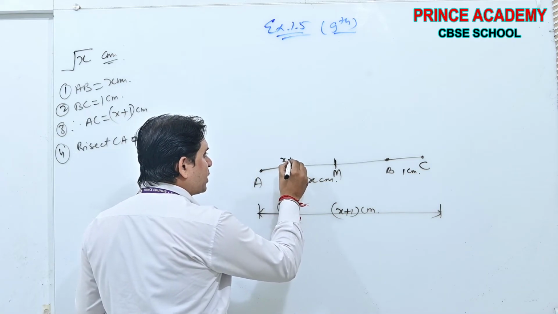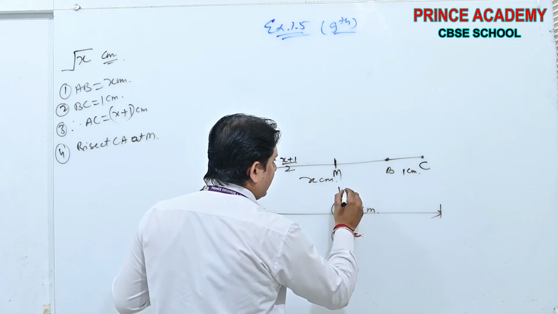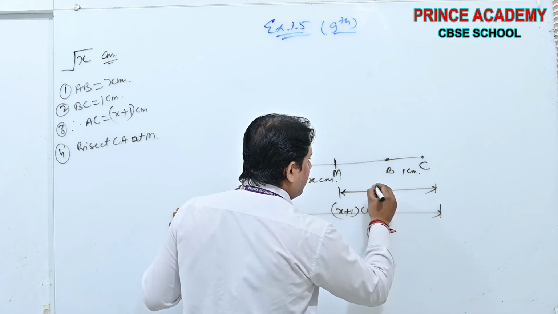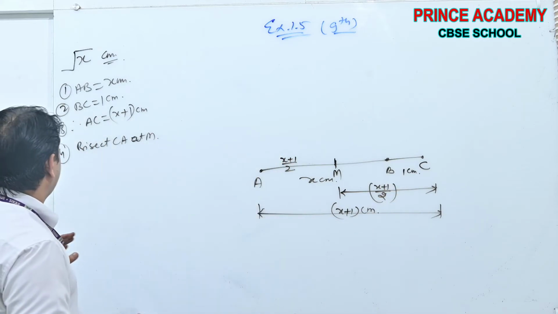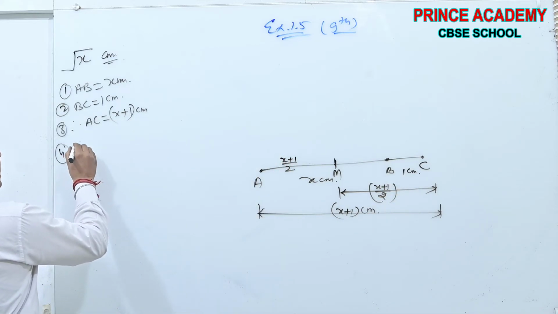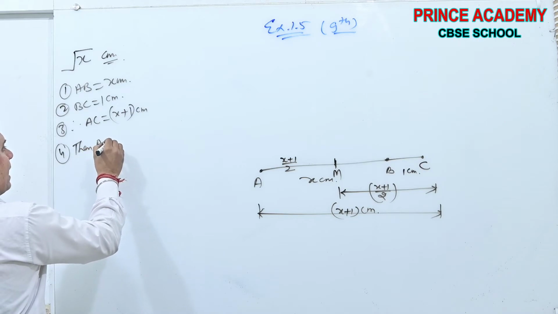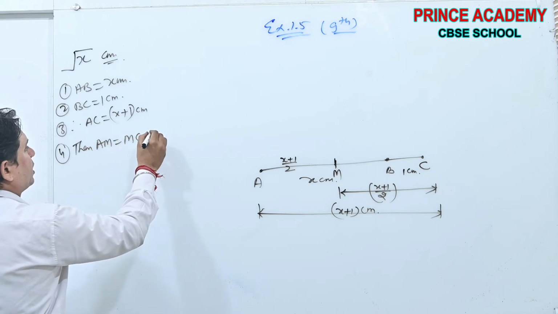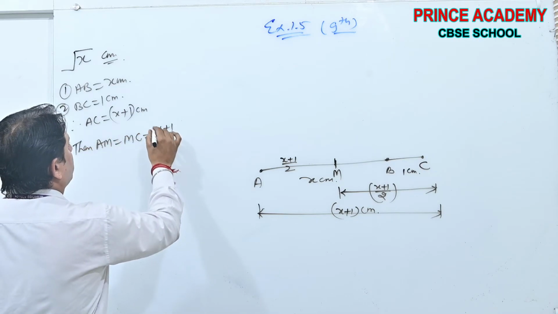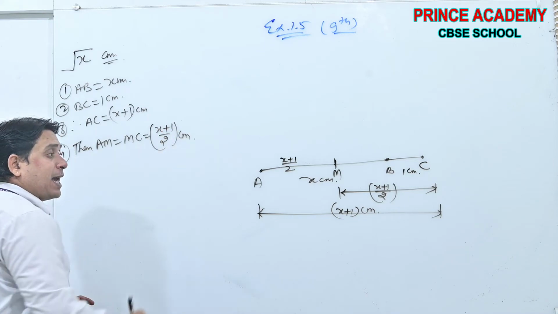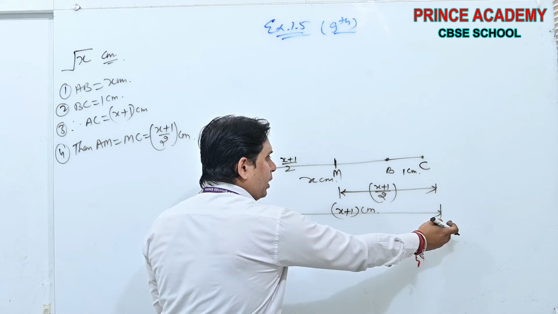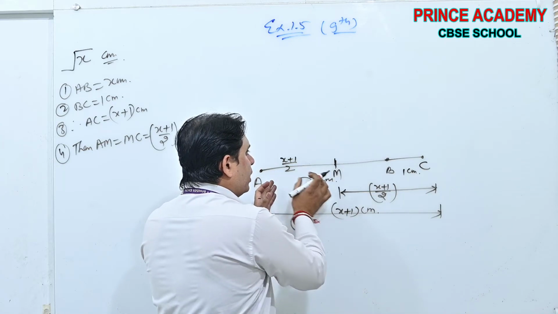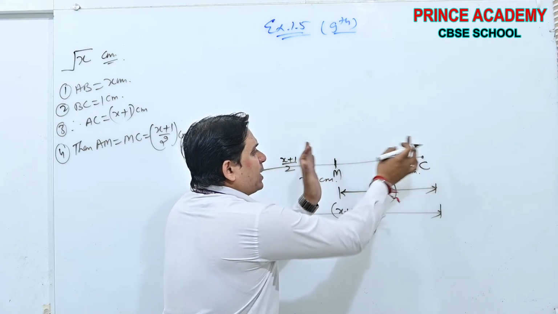This length will be (x plus 1)/2, and this length will also be (x plus 1)/2. Then AM is equal to MC is equal to (x plus 1)/2 centimeters. Yes or no, beta? It was x plus 1 whole. If you divide it by 2, you will get (x plus 1)/2, (x plus 1)/2.